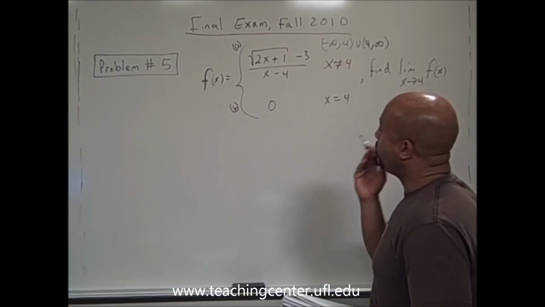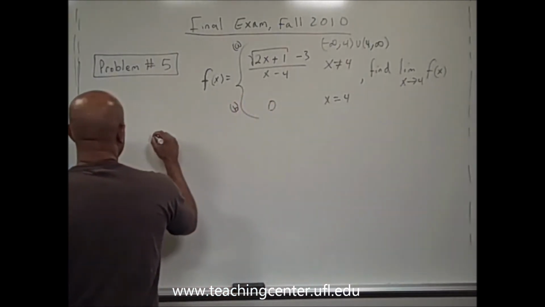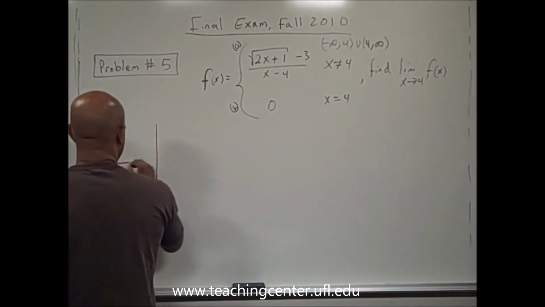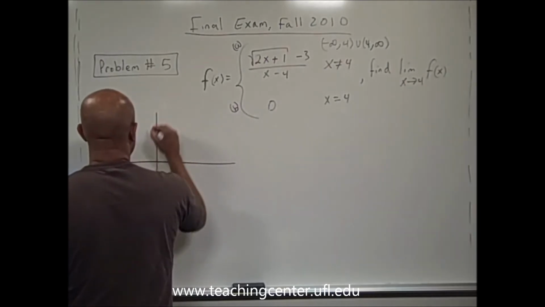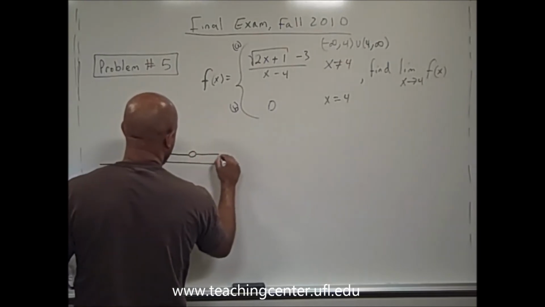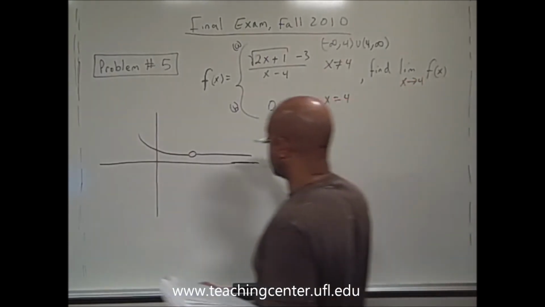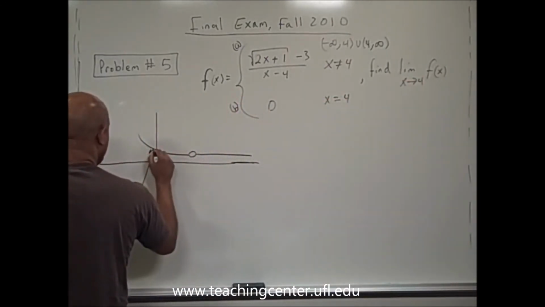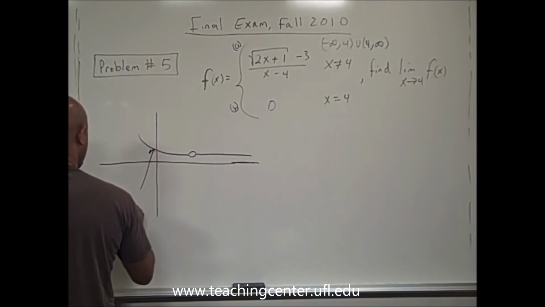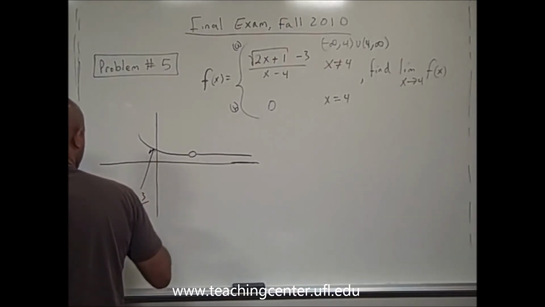But if we actually look at the graph of this function, it actually looks something like this, which is what I drew earlier. So this is f of x.